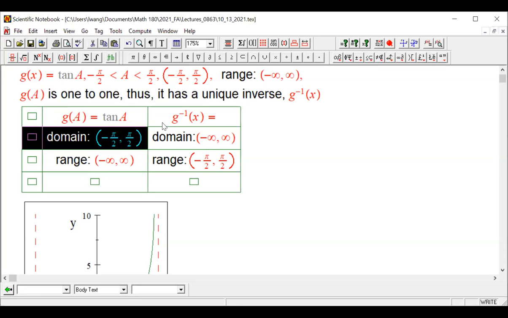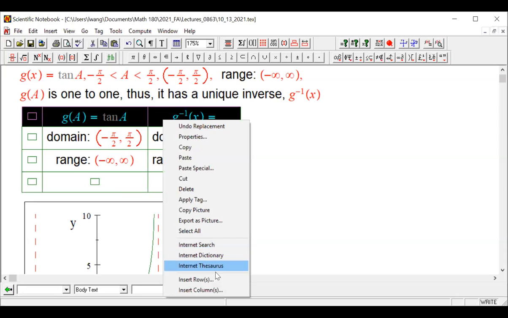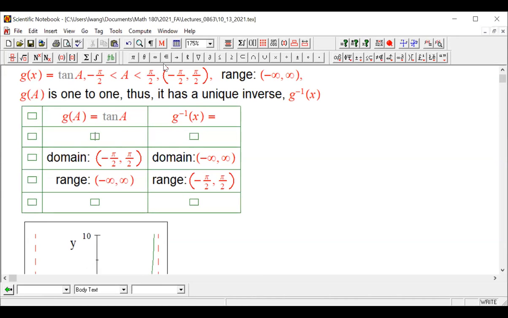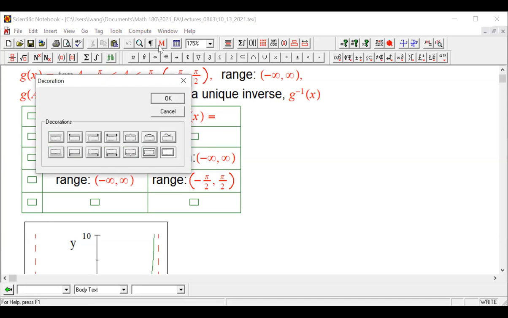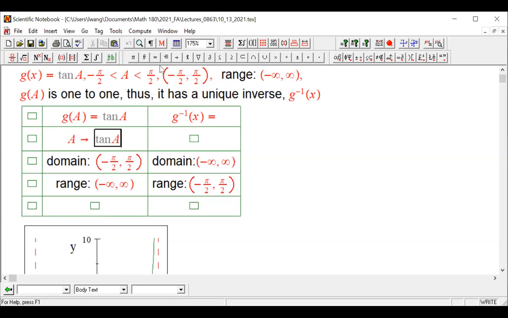So let's look further for the meaning of inverse. The G function takes an angle and produces what? It produces the tangent ratio. And its inverse, what does it do?